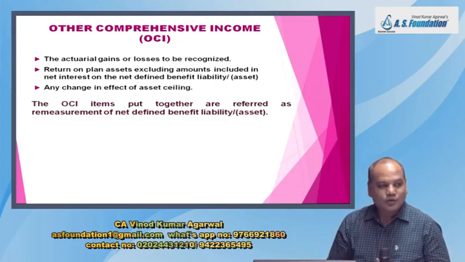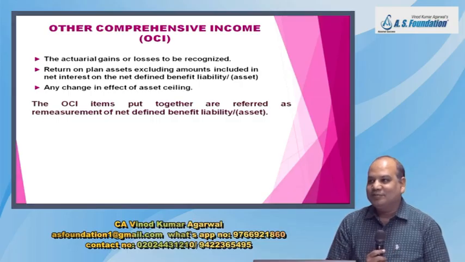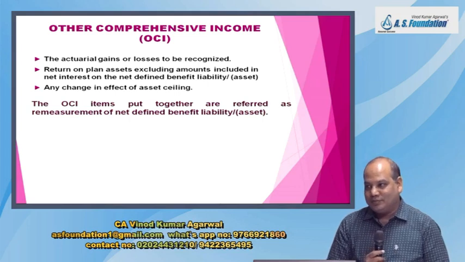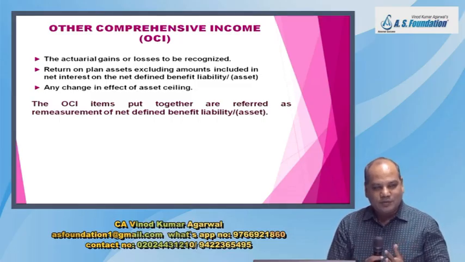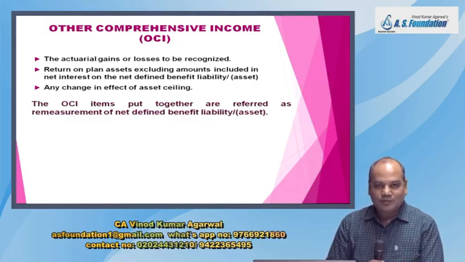Yes, one student will answer, which are the 4 items in P&L account? P&L account, 4 items: current service cost, past service cost, interest, net of interest income, net interest, okay, 4.